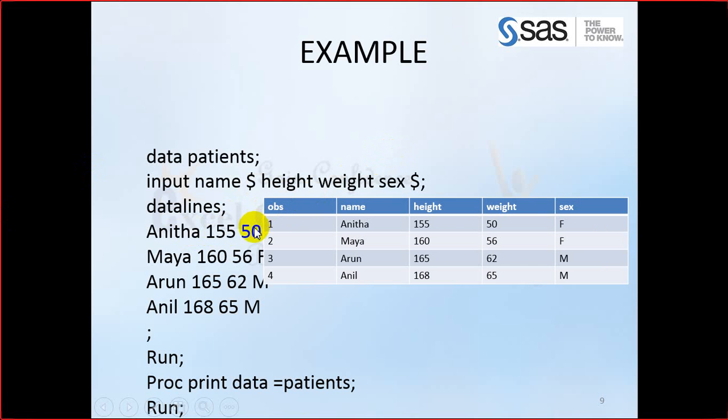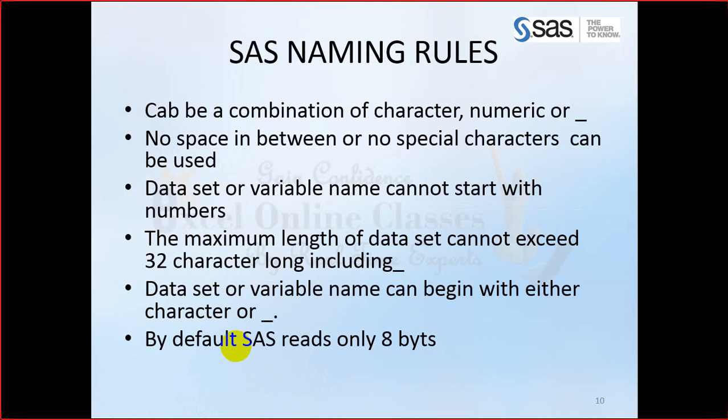Then run proc print data is equal to patients. I have given proc print there because I don't have many data sets. I have only one. So the normal syntax is proc print data is equal to data set name, like how you have written data is equal to patients. Anyway, I'll explain all those things in detail.